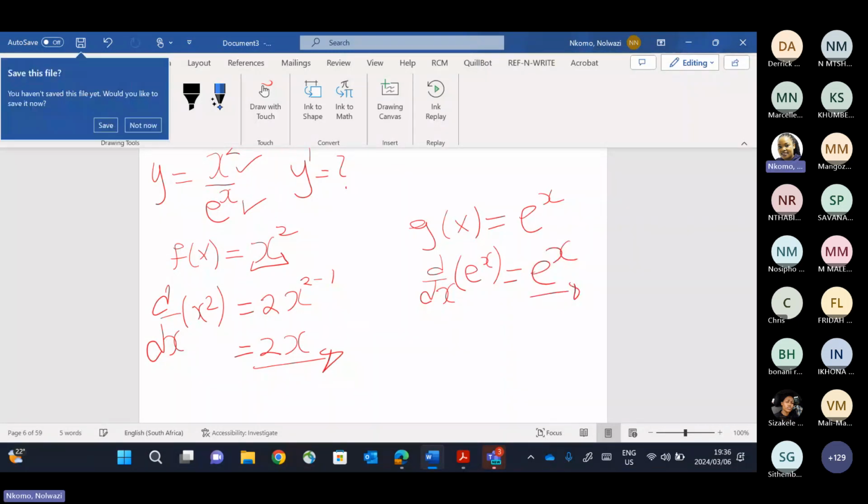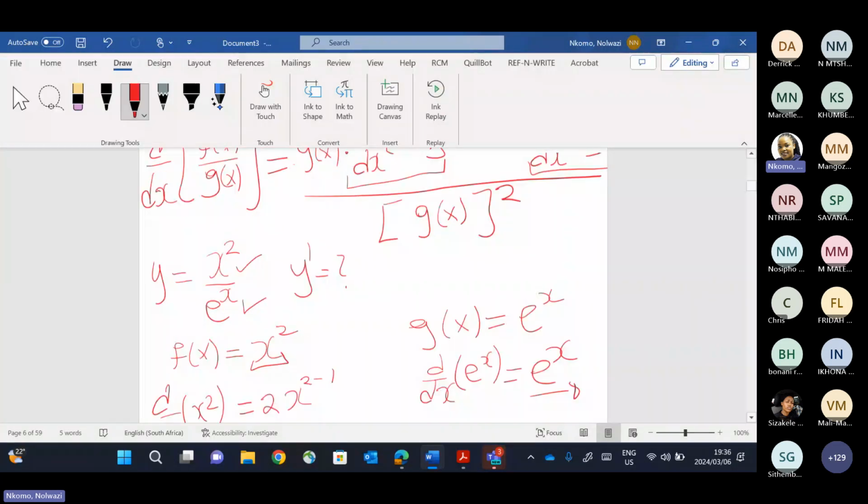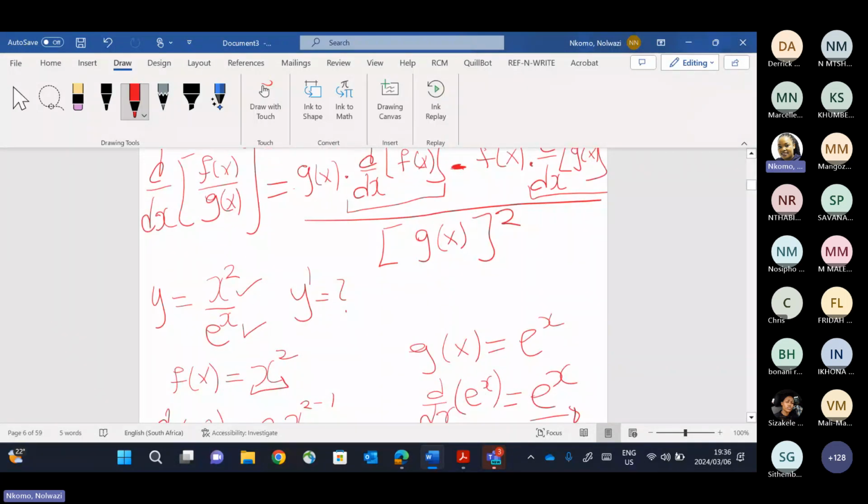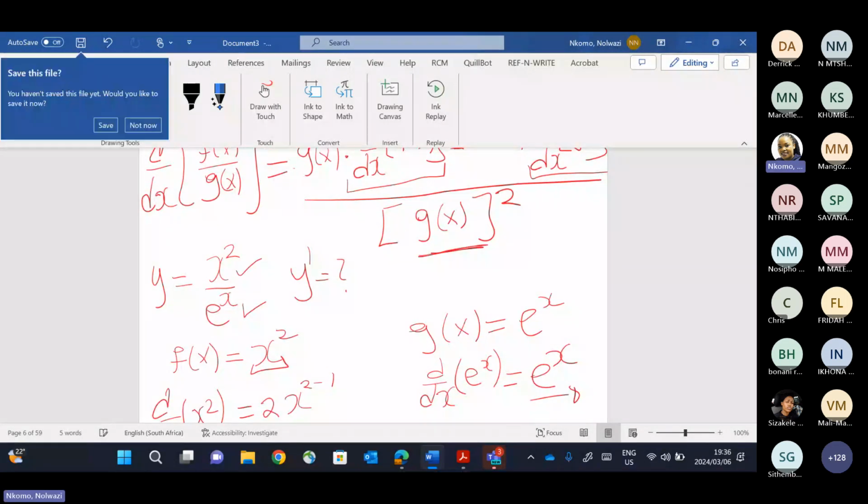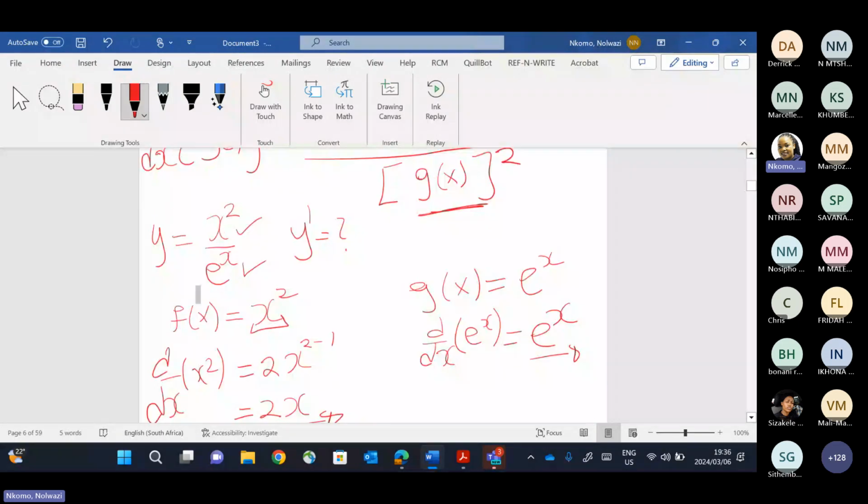Now we have f and its derivative, g and its derivative. We need the lower part, g squared. Then we substitute back here.